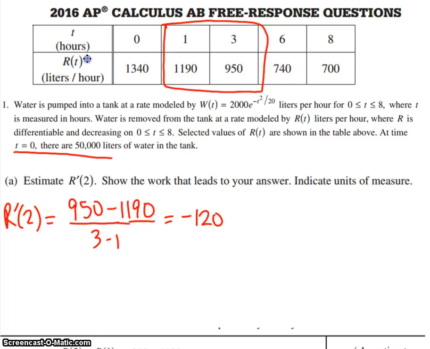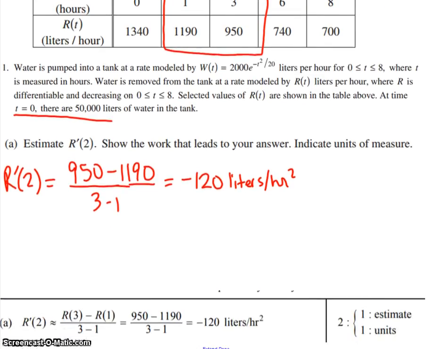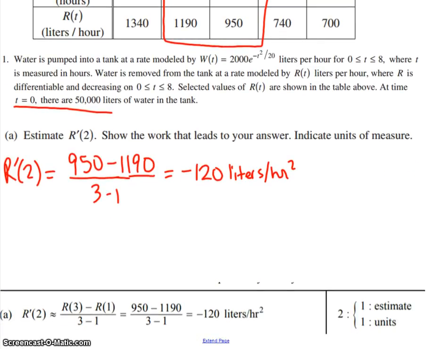Looking at the table, notice that R of t is in liters per hour, so R prime would be liters per hour squared. The score for this: 1 point for the estimate and 1 point for the units.